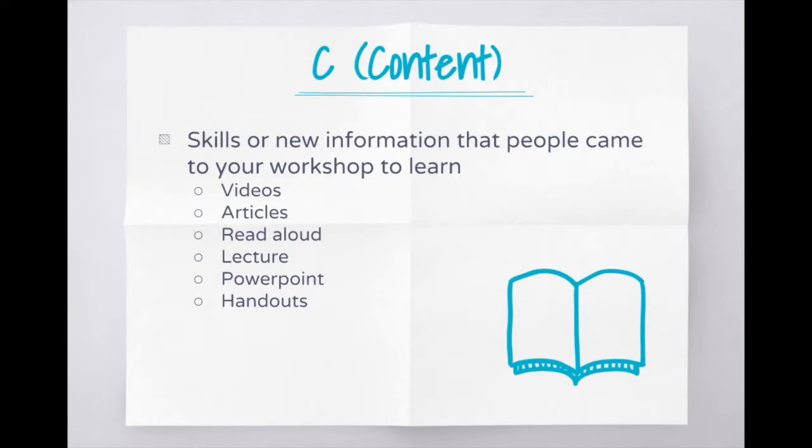You could show a video, hand out an article, read something, do a lecture, a PowerPoint, or hand out some sort of flyer or pamphlet. There are countless ways you could present this information, but the important part is that you keep this pretty brief. You want to keep this to 5 to 10 minutes because the most important part of the workshop is the next part, which is the activity.